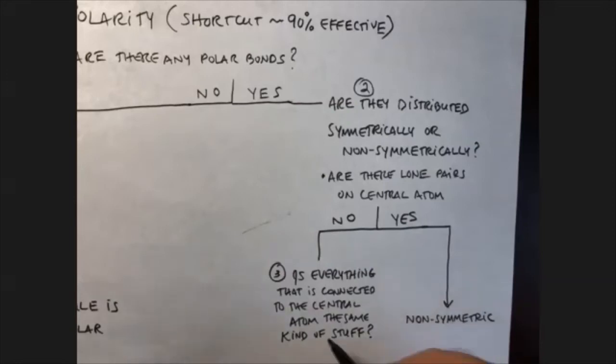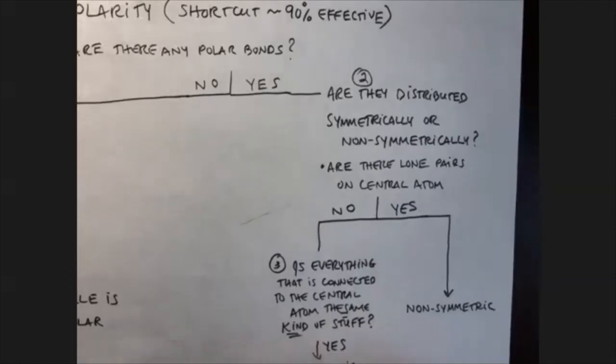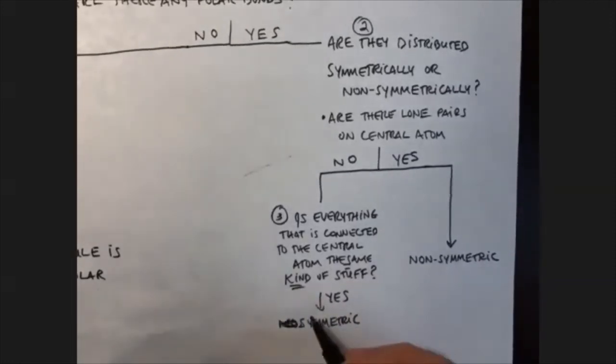Well, if the answer is yes, same kind, then that means this molecule is symmetric. In other words, essentially, even if there are any polar covalent bonds, everything is the same. This molecule is symmetric, and therefore the molecule is not polar.